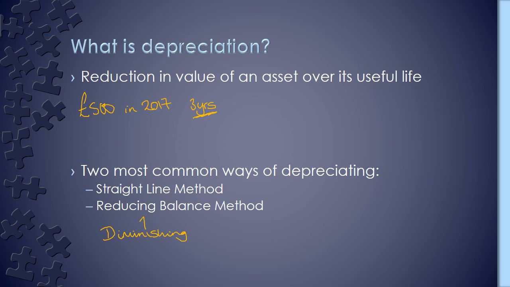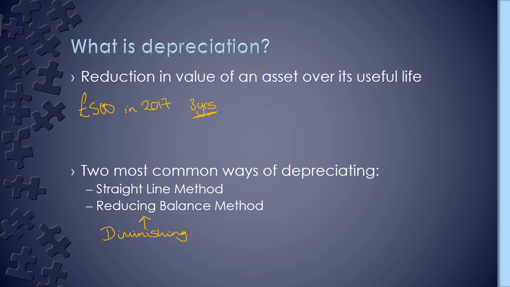So if you see reducing or diminishing, I think sometimes it's changed in the syllabus. I know my tutor used to talk about it as a reducing balance method, and I think now it may well be termed a diminishing balance method, but it means the same thing.